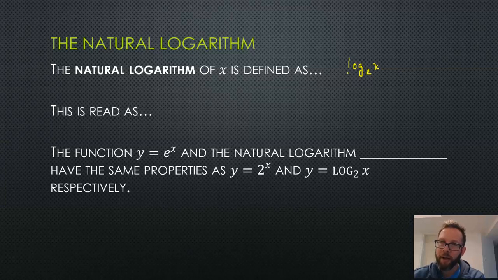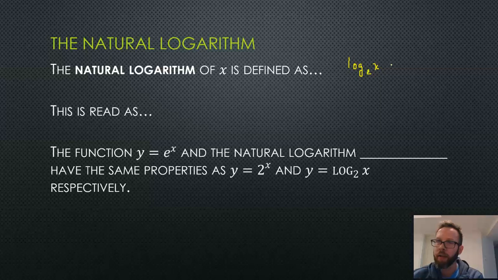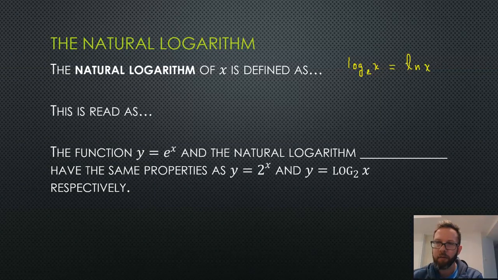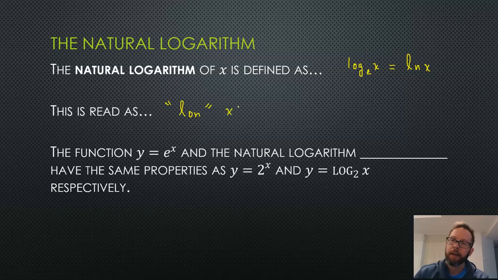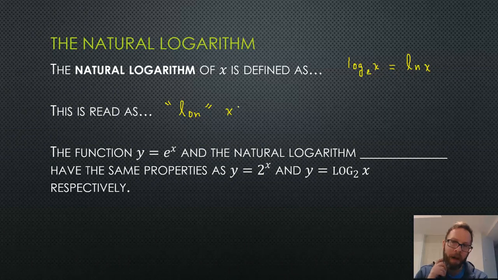The natural logarithm, log base e, is used so much, we actually give it its special name. It is the ln of x. Just like log base 10, you just don't write the 10, you just write log. Well, ln implies log base e, so that's important.